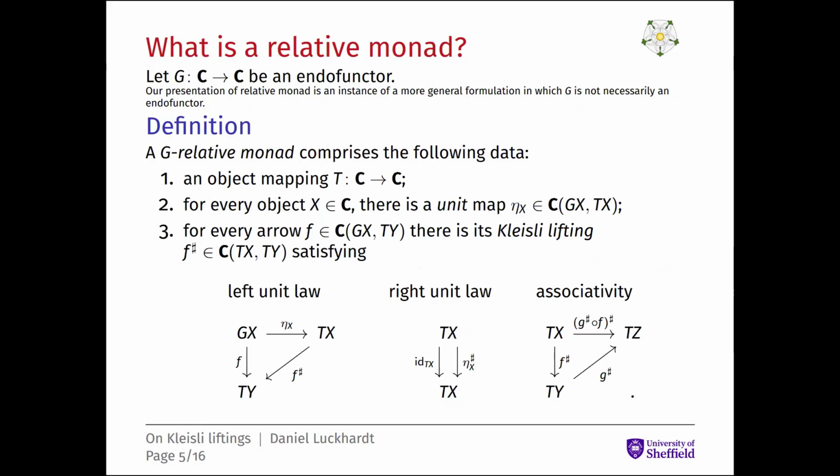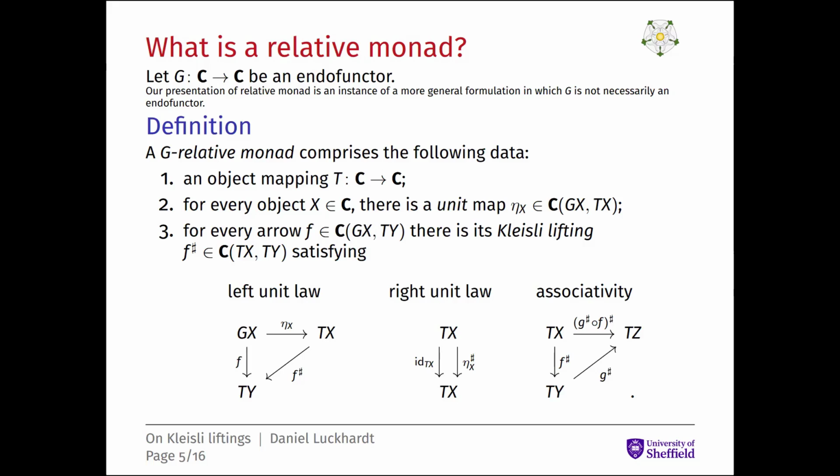Basically, a relative monad is the same as an ordinary monad, but it is intertwined with another functor G. In my presentation, G will be just an endofunctor because it's the case that is relevant for us, but there's a more general notion where you have a monad valued in another category, but let's stick to the simple case. So you have again your monad T, but that is now relative to some G.